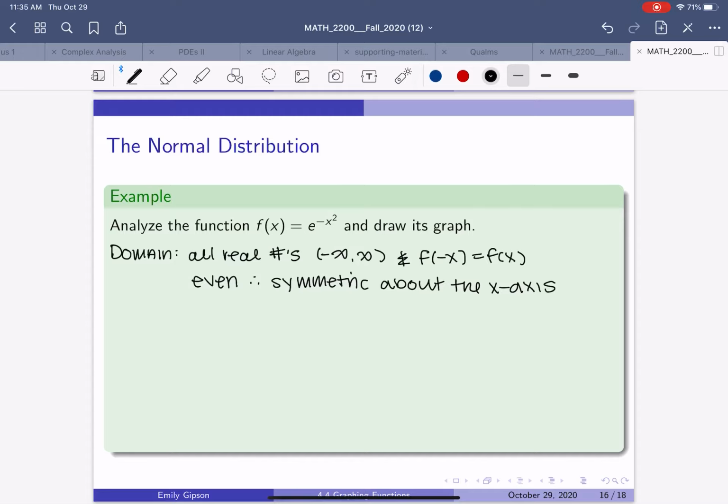So using the chain rule, our first derivative is negative 2x times e to the power of negative x squared, while our second derivative is 2e to the negative x squared times 2x squared minus 1.